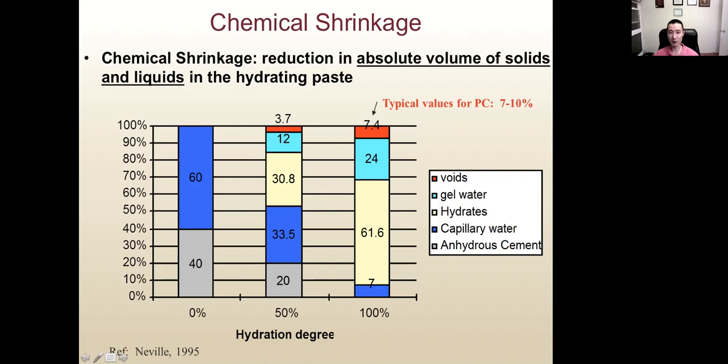The total solid plus liquid right now is only 96.3% compared to 100% at the beginning. We call that chemical shrinkage. At 100% hydration degree, we have around 7 to 10% reduction in total volume. And chemical shrinkage is the reason we have capillary pores inside concrete.